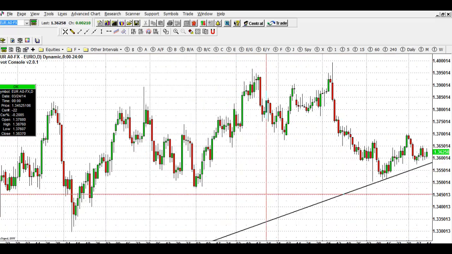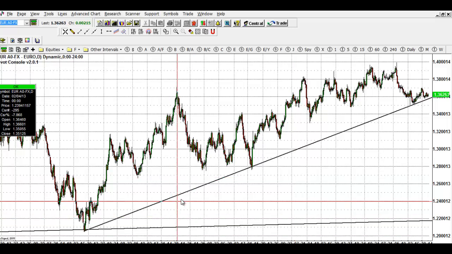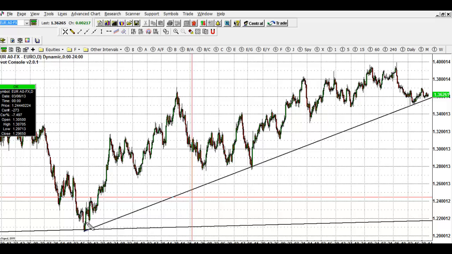This uptrend line is drawn from the low that was made in the euro from July of 2012. So July 2012, we see the market came up, bounced off of this line, and this line is providing support again in the market.